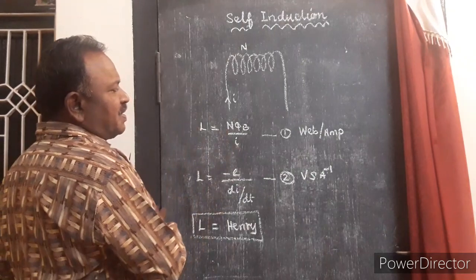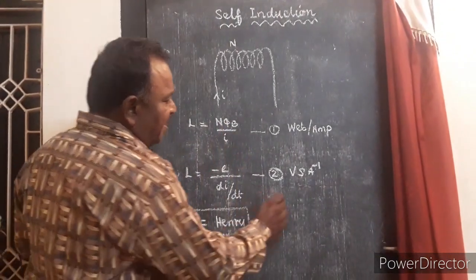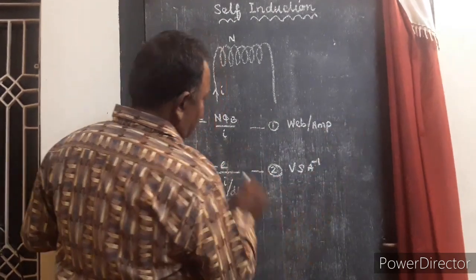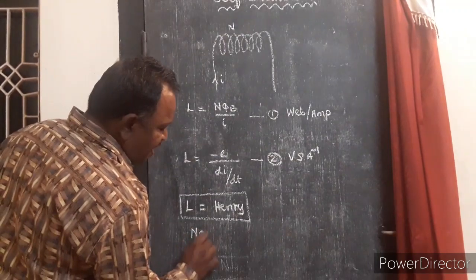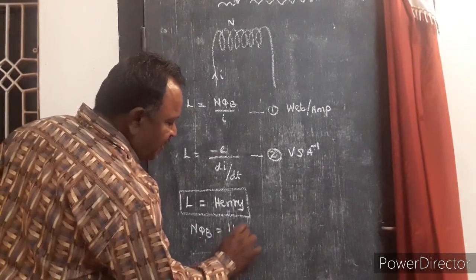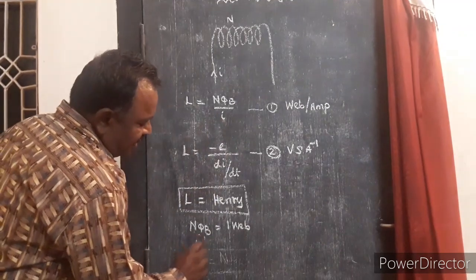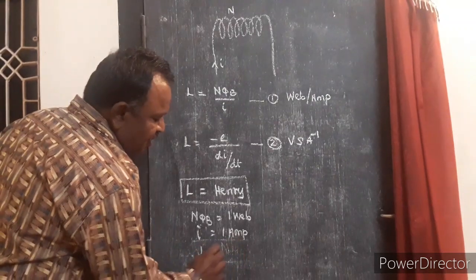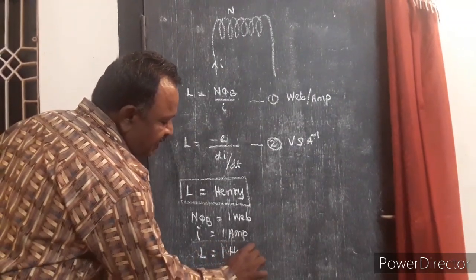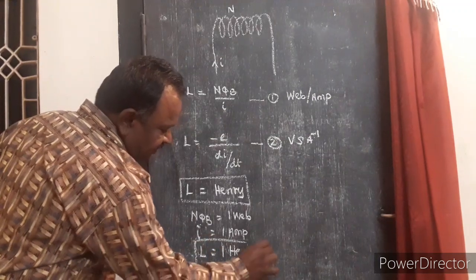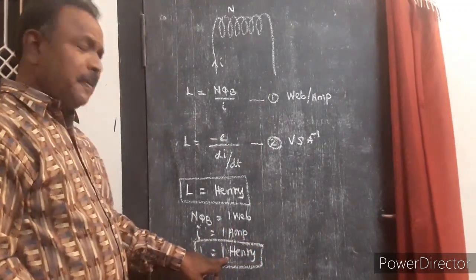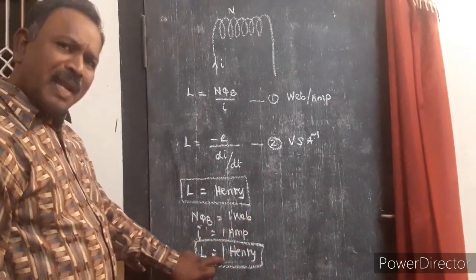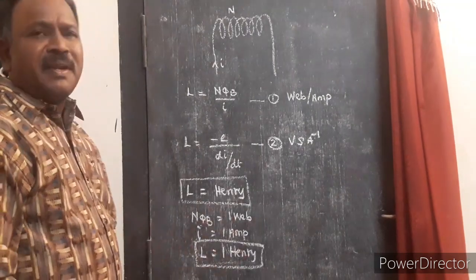Now, according to the first equation, when the flux linkage NΦB is equal to 1 Weber and current I is equal to 1 ampere, then this L is equal to 1 Henry. So when the flux linkage is 1 Weber and current is 1 ampere, the self-inductance is 1 Henry.